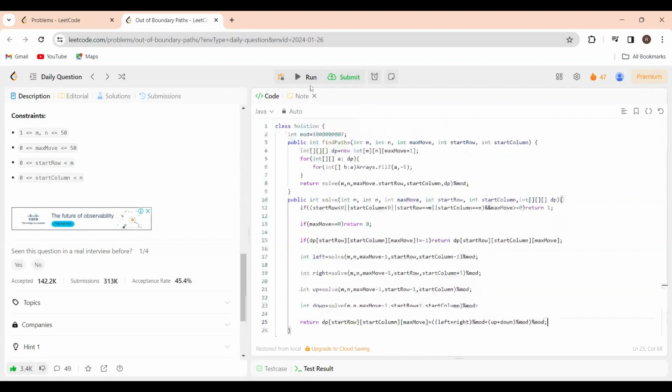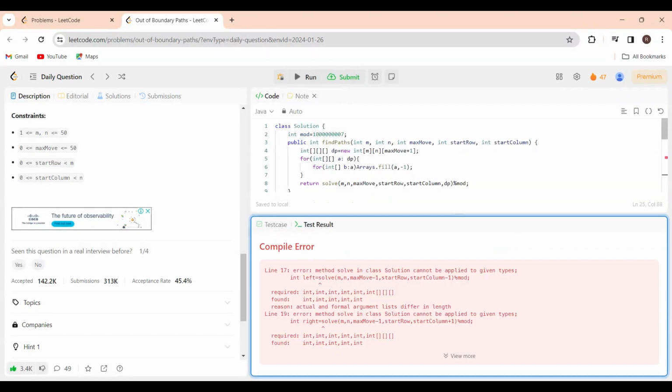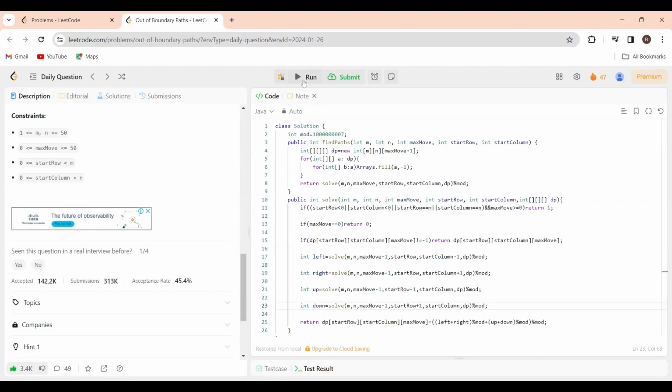So let us quickly run this problem and check whether it is running successfully or not. I think I haven't passed the parameters. Let us pass the DP parameter here, and here also DP. Yep, I have passed the parameters of DP, and let us now run the problem.